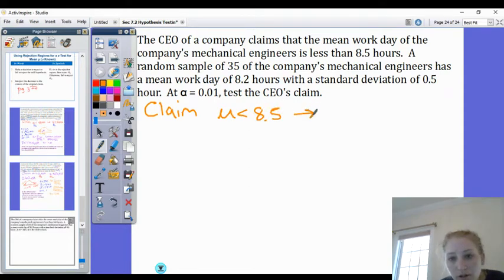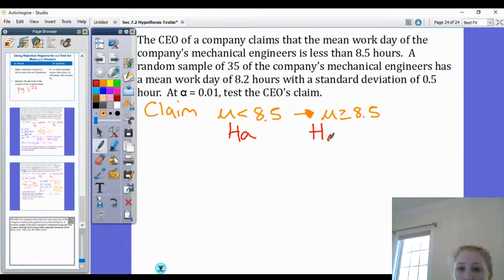The corresponding sentence with that is going to be greater than or equal to 8.5. Let's identify our null and alternative. So here's our alternative, here's our null. And this is going to be a left-tailed test again.